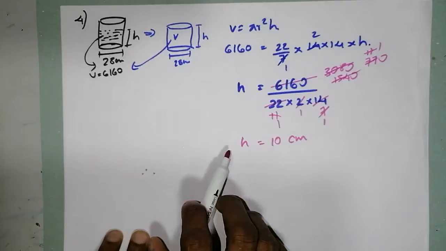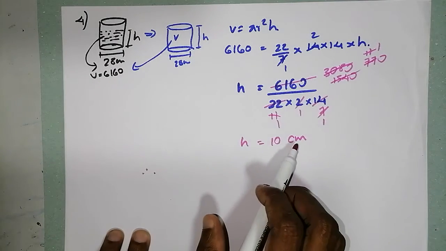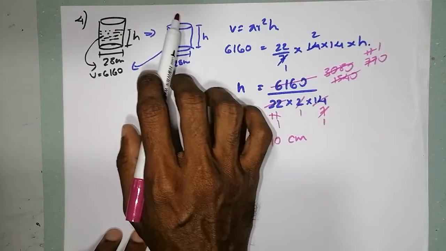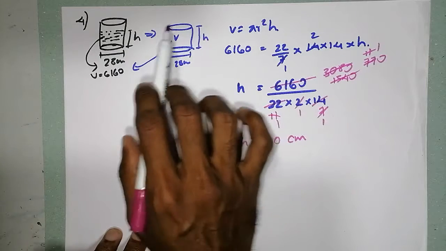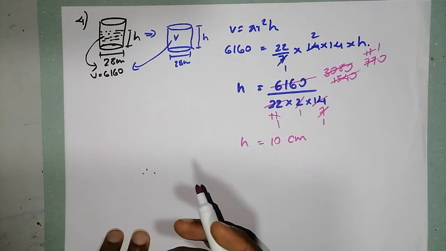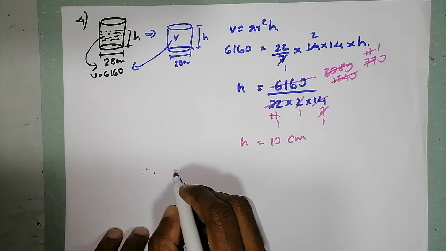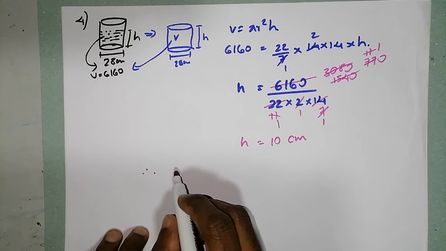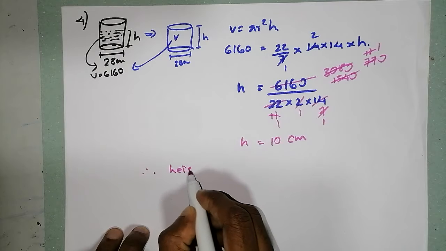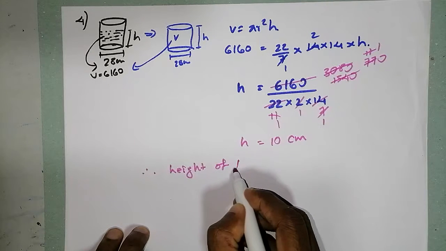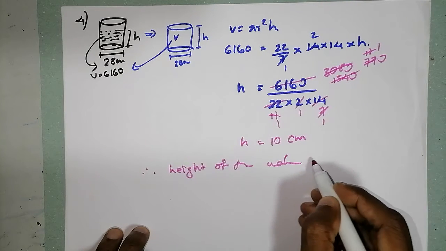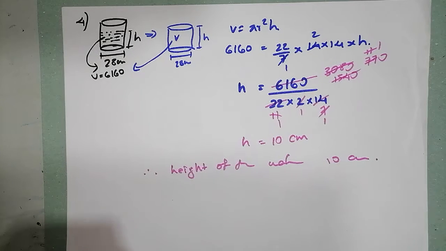So we found h as 10 centimeter, the height of this shape. The question asks for the height of the water level. So therefore, the height of the water level is 10 centimeter.